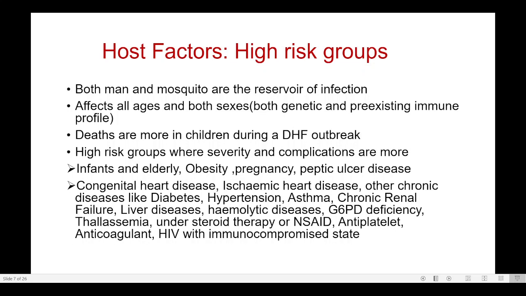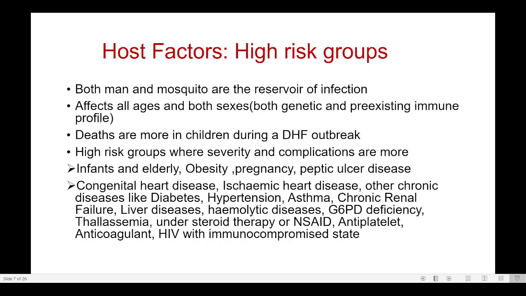High risk groups where the severity and complications of dengue fever are more are infants and the elderly population, obese population, pregnant mothers, peptic ulcer disease, or any individual having other comorbidities. They are more prone to suffer from severe dengue fever.